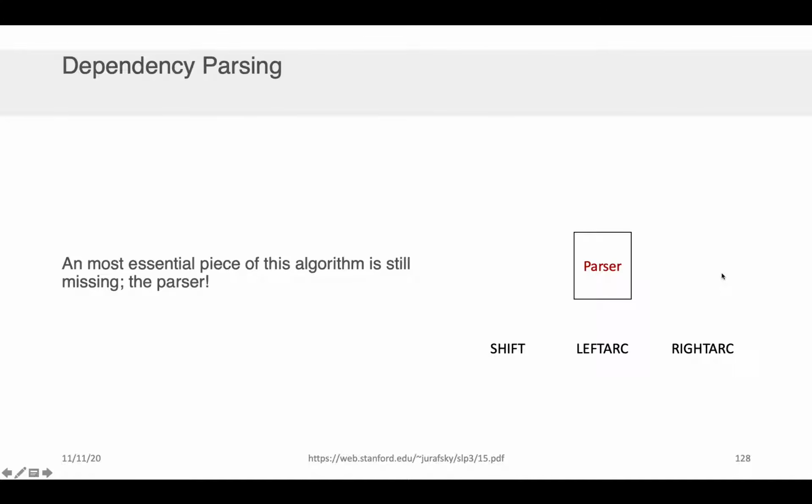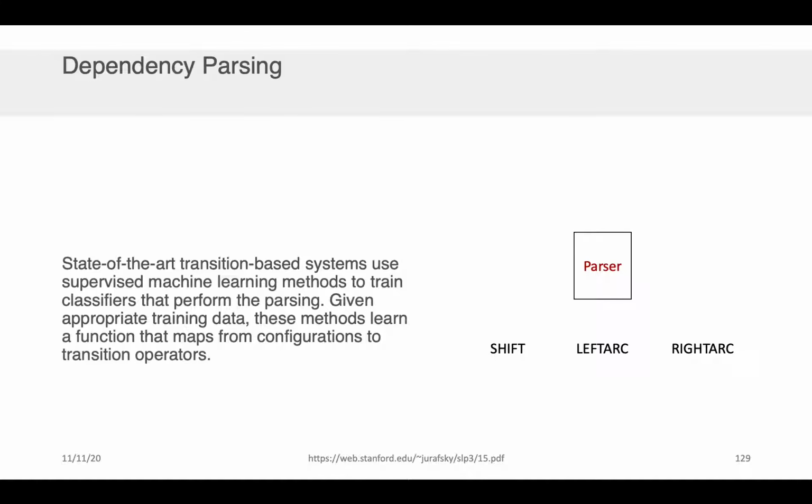Okay, well, the most essential piece of this algorithm that was missing was, of course, the parser. And the state-of-the-art transition-based systems use supervised machine learning methods to train classifiers that perform that parsing. So given some appropriate training data, these methods are basically learning a function that maps from configurations to transition operators.